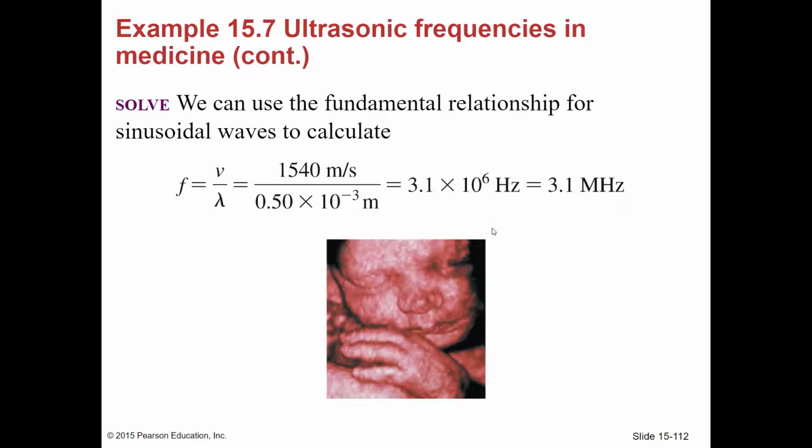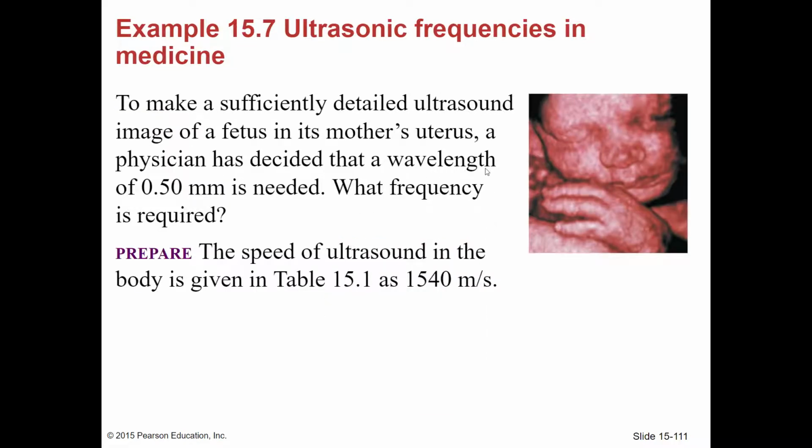So going over something like this, we did this problem. We want to take a picture of this baby. We know that we have to use that equation. To make a sufficiently detailed ultrasound image, a physician has decided a wavelength of 5 millimeters is required. What frequency is required?